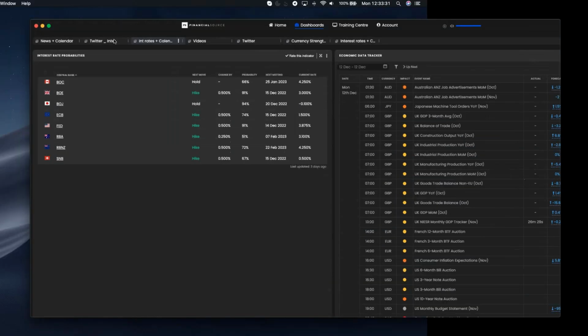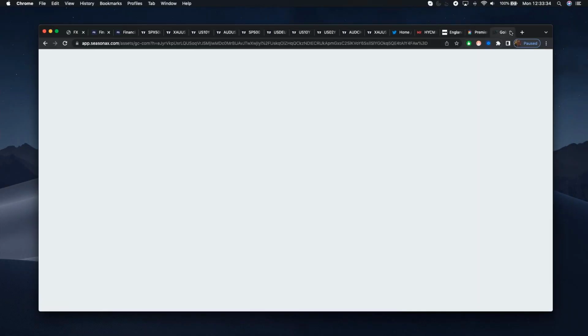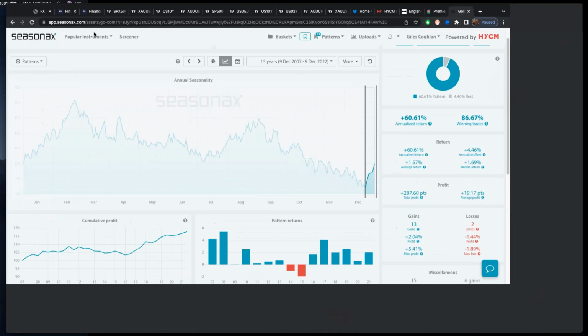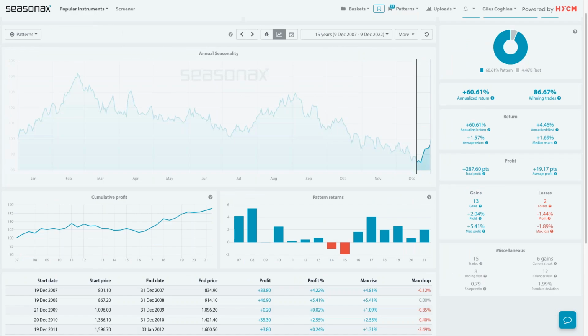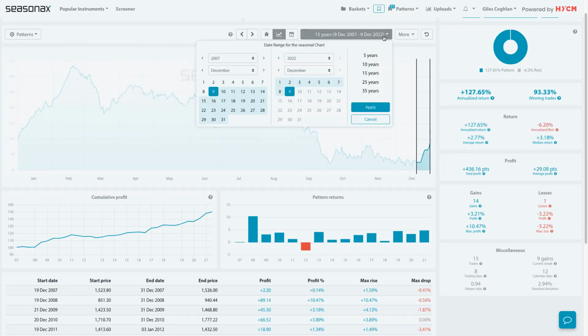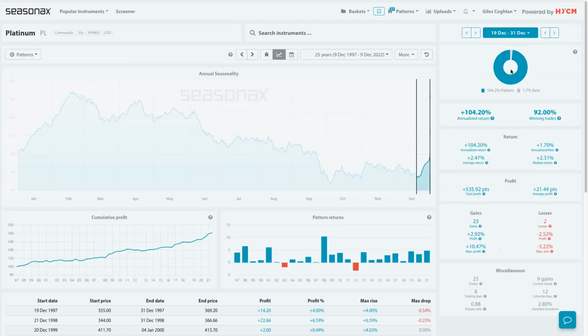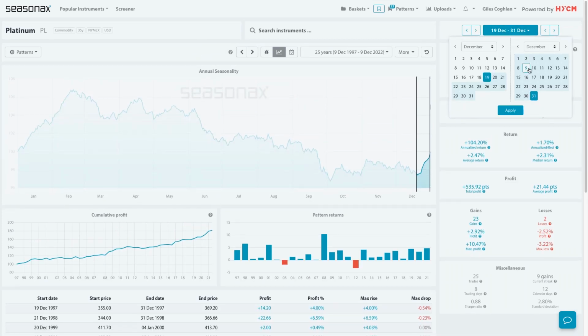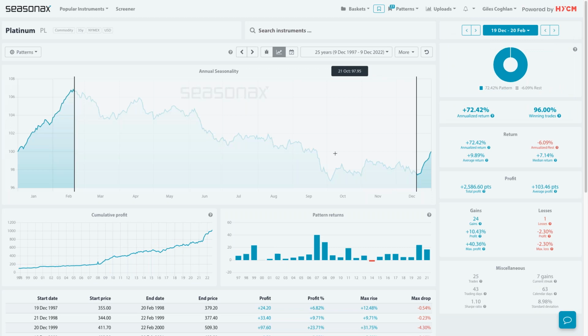Now, if you take a look at platinum, you really need to see this. If you look at platinum prices from now through to February the 20th, what you're going to see is that in the last 25 years, platinum has only lost value once, in 2014.